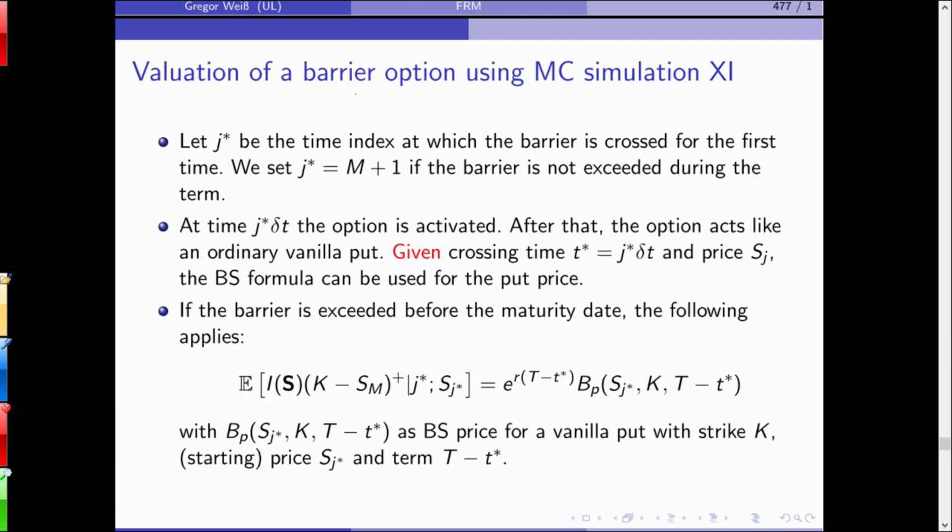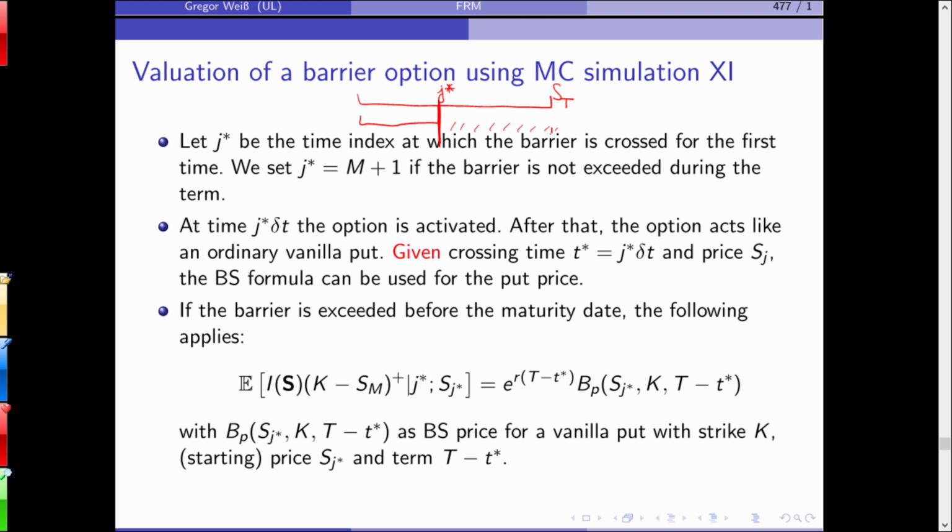So instead of using the simulation over this period in time and using S star, we are simulating, and we know at this point the option has been knocked in. We know that from this on, it's a regular plain vanilla put.